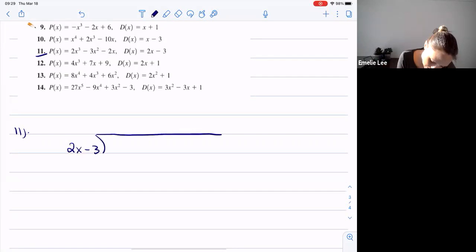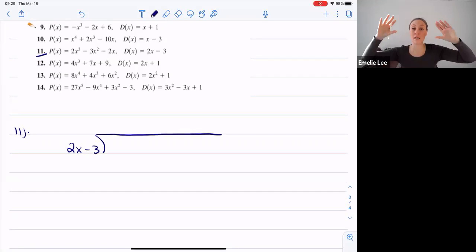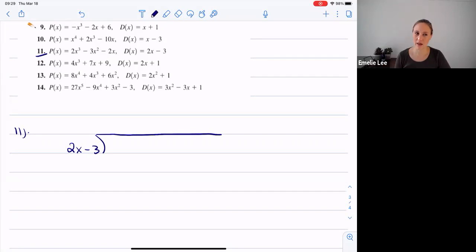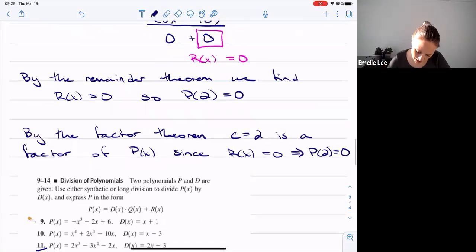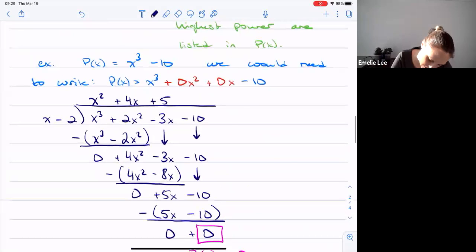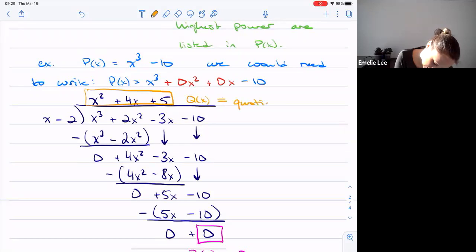I'll leave a little bit of space above because I need room for my quotient. Did I mention last time? I didn't. But whatever we find up here is our q of x, which is our quotient.